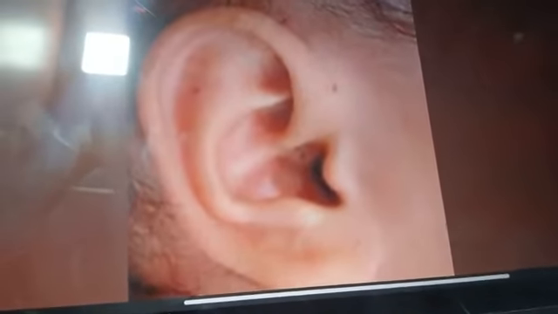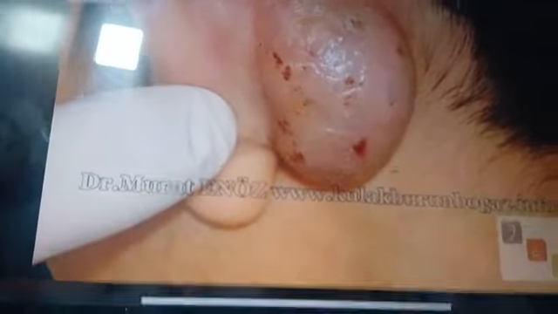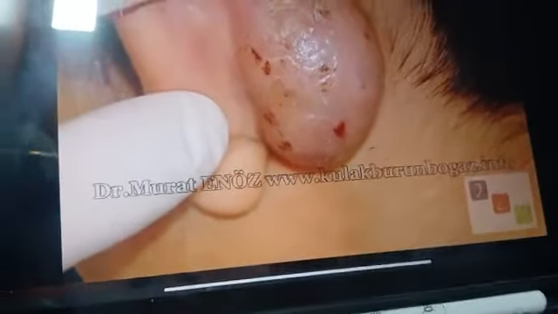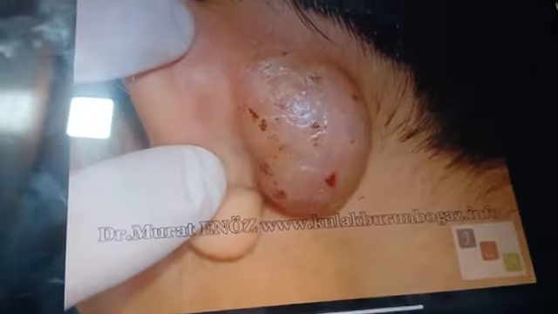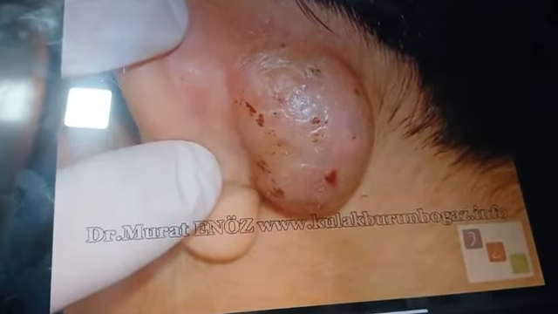So yes guys, as you can see, this is the pictorial representation of how a preauricular cyst looks. Can you see, this is the diagram of the post-auricular sebaceous cyst. I hope you can appreciate it. And this is the diagram of preauricular capillary hemangioma.